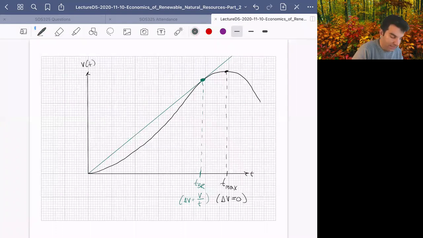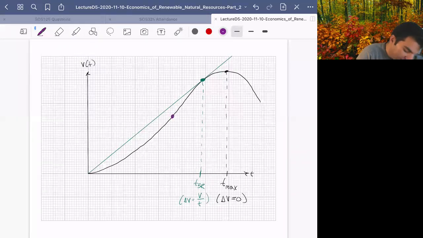And then in general, it will be the case that the Wicksell rotation is almost always shorter than the biological rotation, but it really depends on the interest rate. But in general, for forest dynamics, we're going to have the Wicksell rotation, where delta V is equal to R times VT.